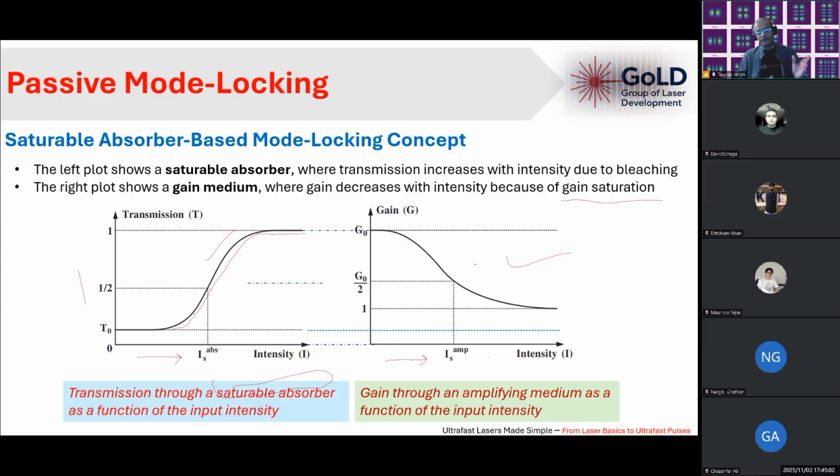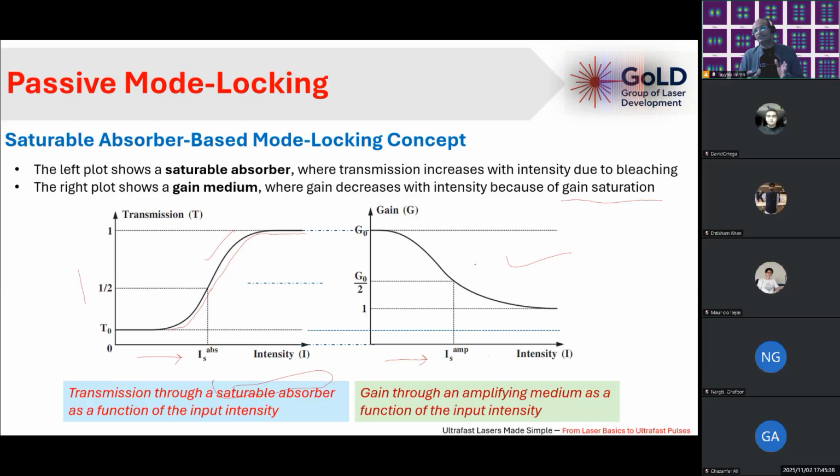With the passage of time, intensity increases and the transmission increases. On the right side is the gain medium, and the gain decreases with intensity. If the intensity is increasing, the gain will be decreasing, because of gain saturation, and you need to keep pumping to keep it working.